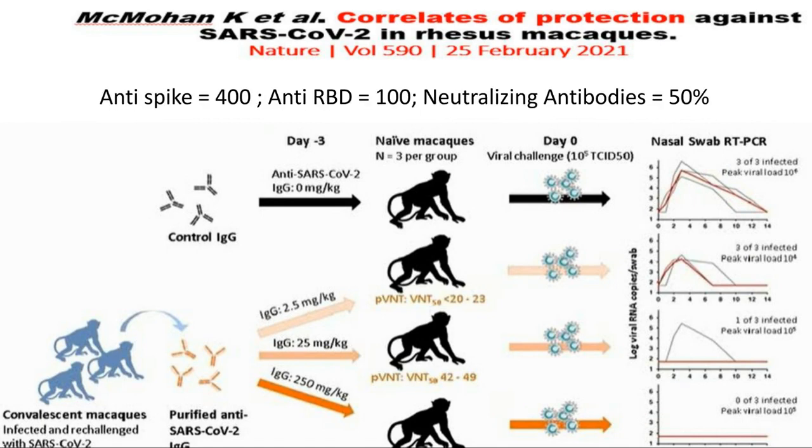At the time when they were fully protected, the anti-spike antibodies were 400, anti-RBD antibodies were 100, and neutralizing antibodies were more than 50%.